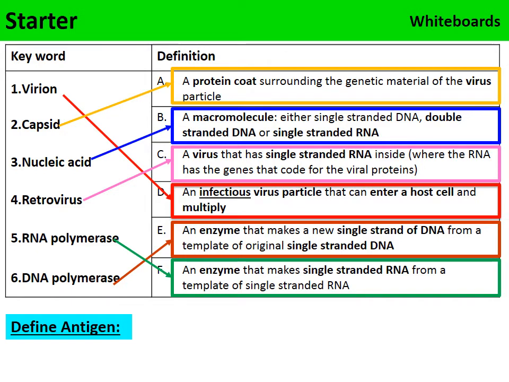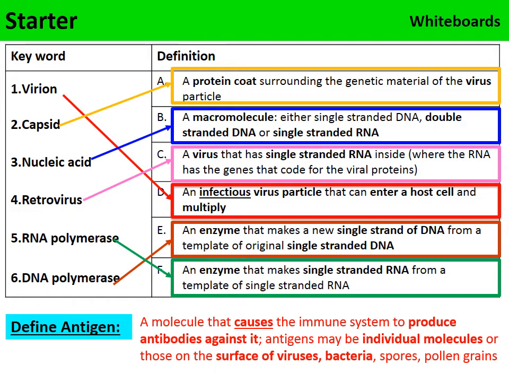So RNA polymerase joins together RNA nucleotides. It forms the phosphodiester bond that links the nucleotides together in a longer polynucleotide chain. DNA polymerase links together DNA nucleotides, again by forming the phosphodiester bond, and that will form the sugar phosphate backbone of the brand new strand of DNA.